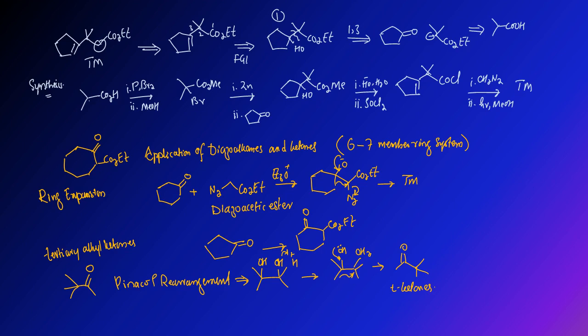Next we are focusing on epoxide rearrangement, by keeping in mind the system which we introduced at the start of this lecture. So this molecule can be obtained with the application of epoxide rearrangement.